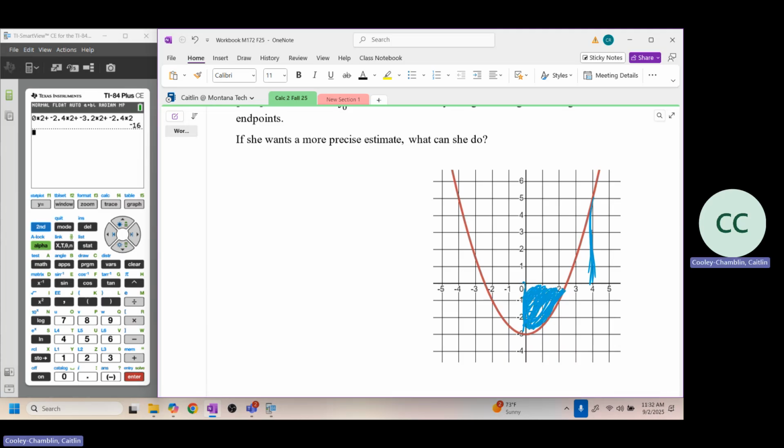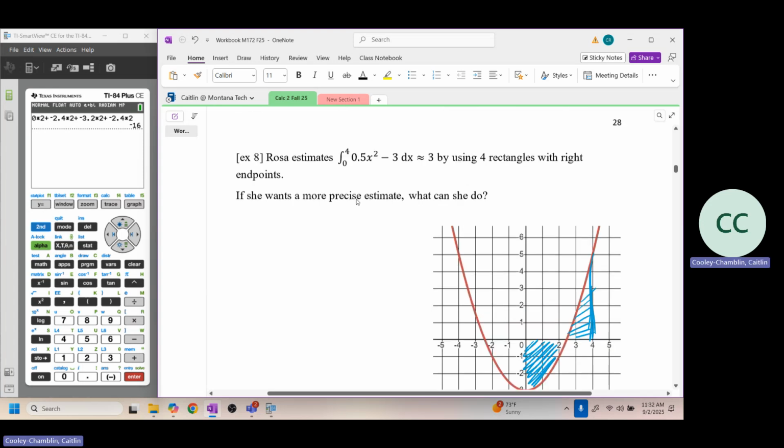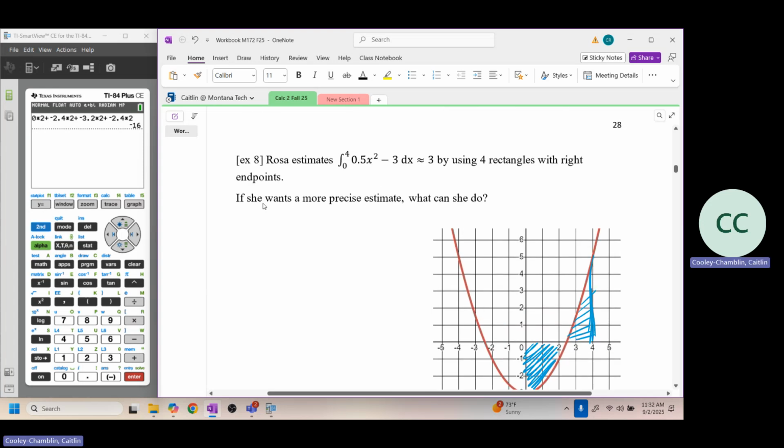That's what our definite integral does: it gives the area under the curve and the x-axis. And it also kind of tells position. And she got 3 units. But we can see that's probably not the best estimate. So if she wants a more precise estimate, what can she do?